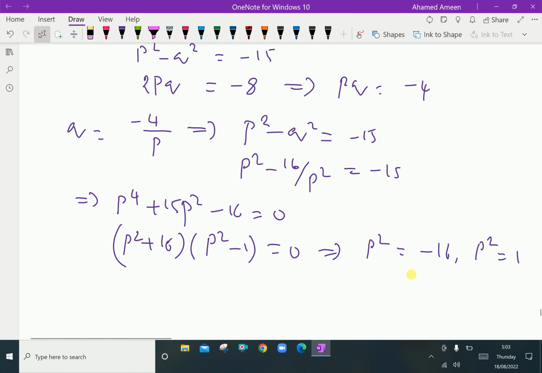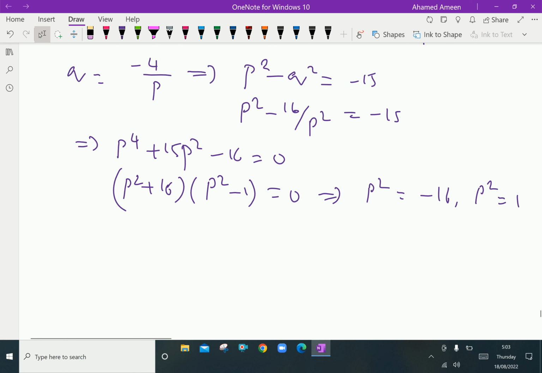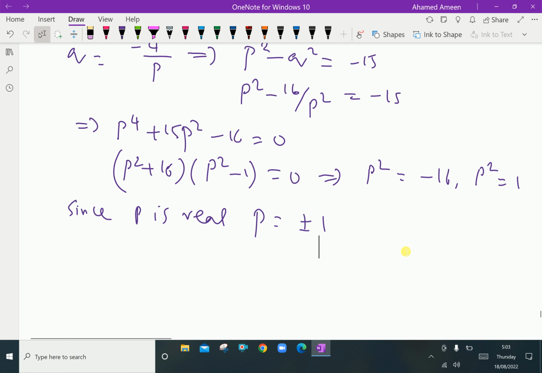Since p is real, therefore p is equal to plus or minus 1 by taking the square root. Here p equal to 1, q equal to minus 4.